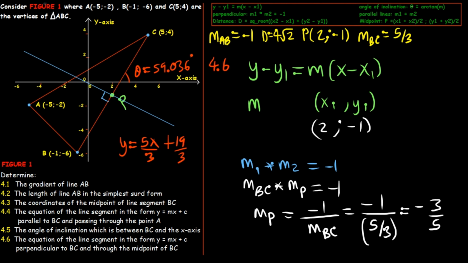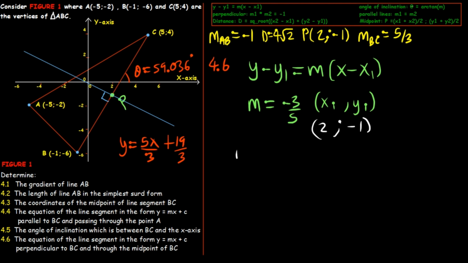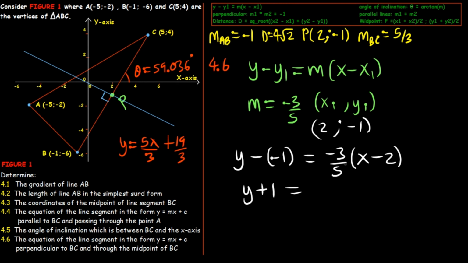Now that we have the gradient, we can determine the equation. So we have y minus the point's y value, negative 1, is equal to m, the gradient, negative 3 over 5, then x minus the x value, which is 2. So we have y plus 1 is equal to, if we expand the brackets, negative 3x over 5, then plus 6 over 5.